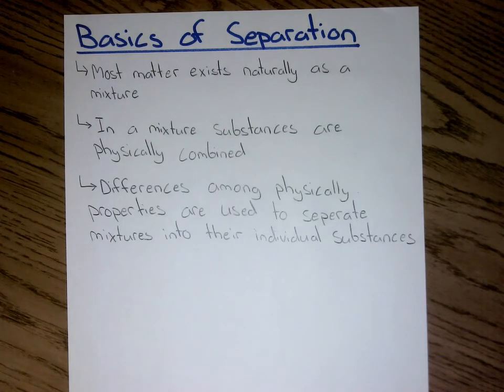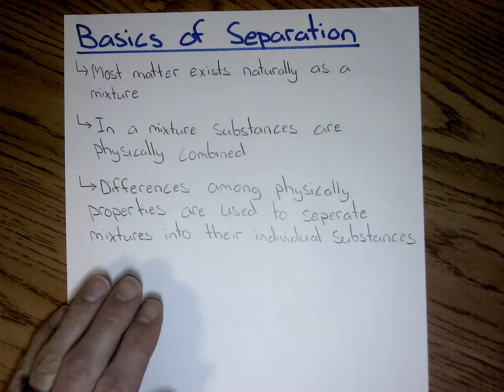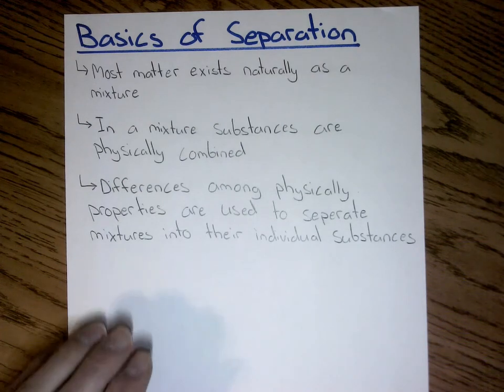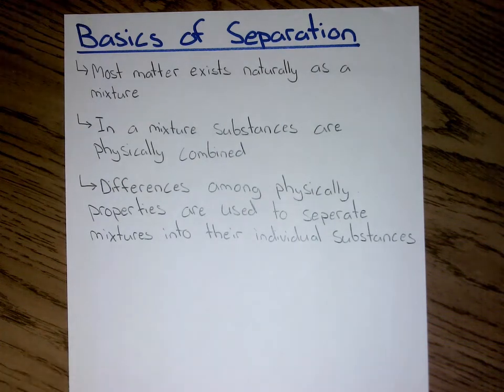So again, the key takeaway here is that we're separating mixtures based on their physical properties. That means we're not going to affect any chemical composition, and we're not going to have any changes occur to each of the substances involved in a mixture.